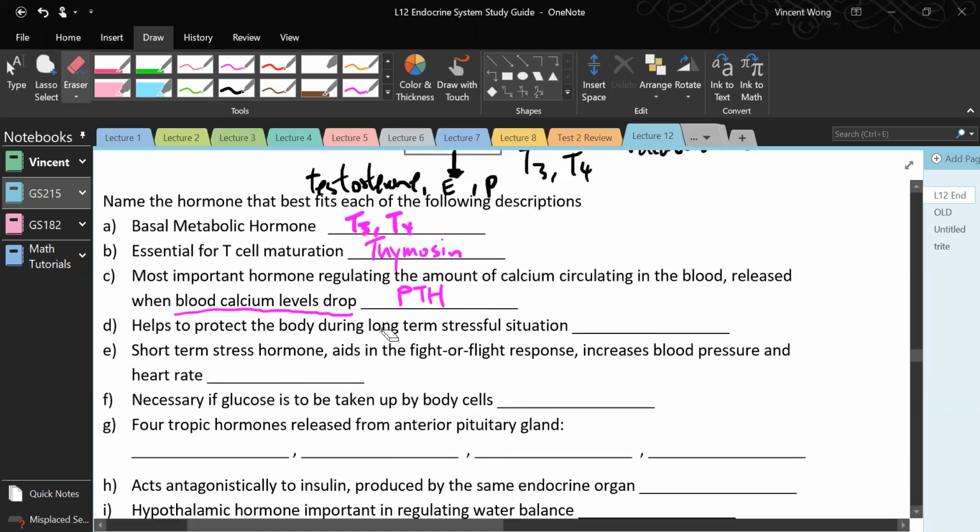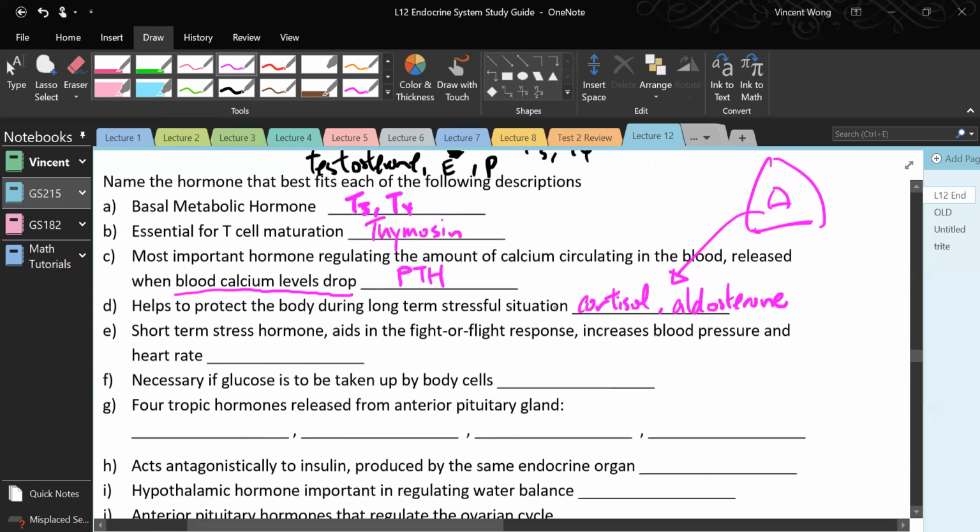Helps to protect the body during long-term stressful situations. Okay, that would be things like cortisol, aldosterone. Remember the drawing with the adrenal gland, right? The outside, the adrenal cortex, will release these hormones to protect the body during long-term stressful situations.